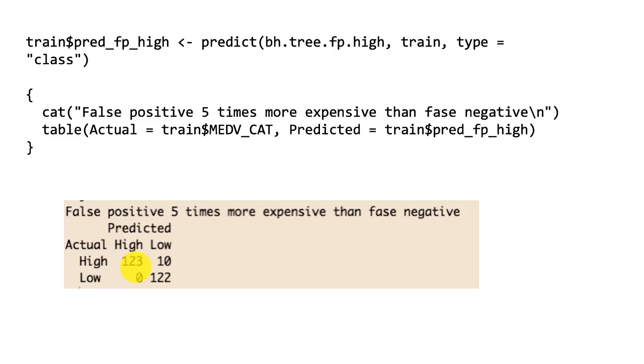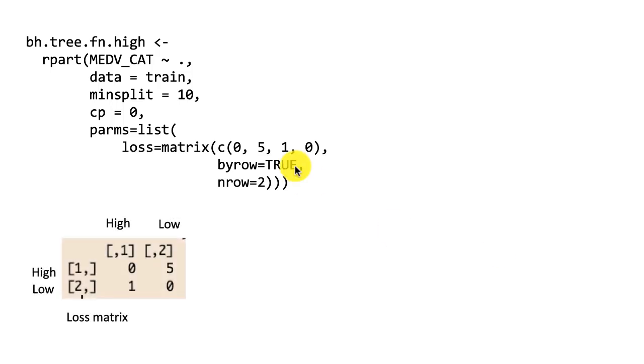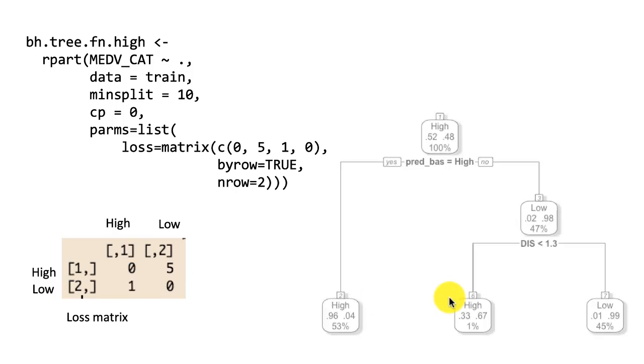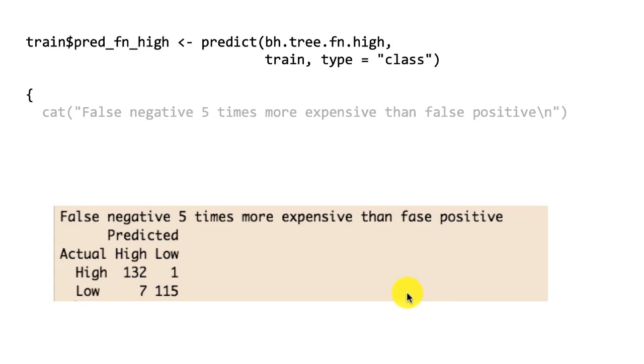Later on I'll put up all the error matrices so that we can compare them. And then we go the other way, to say that a false negative is 5 times more costly than a false positive. So the 5 and 1 are switched, and the error matrix is now switched. The tree again comes out as quite different, and we now get this error matrix.